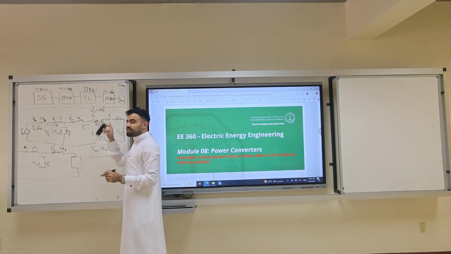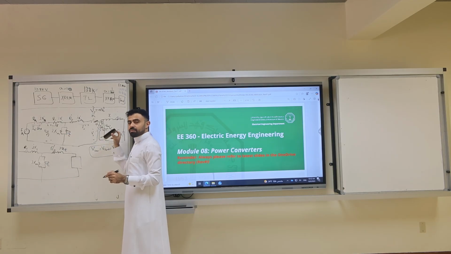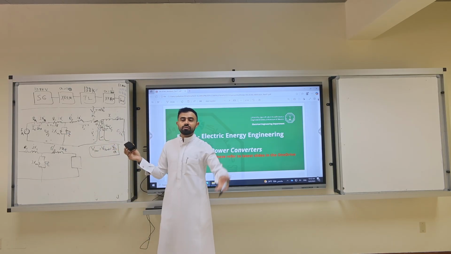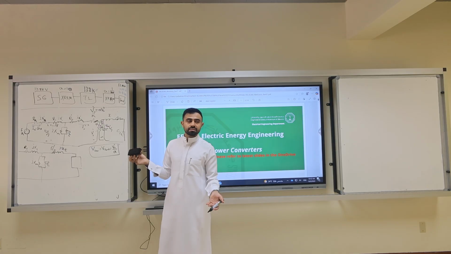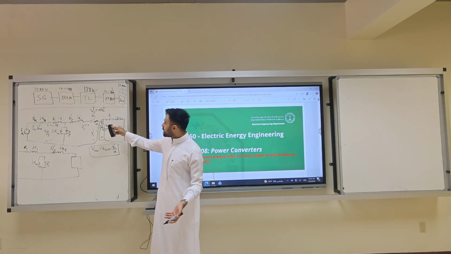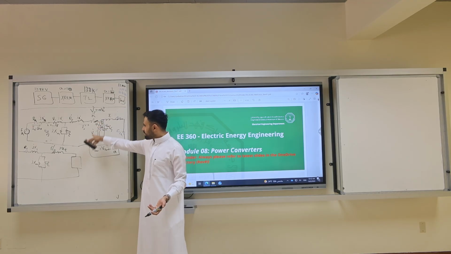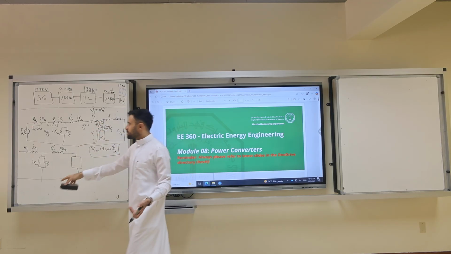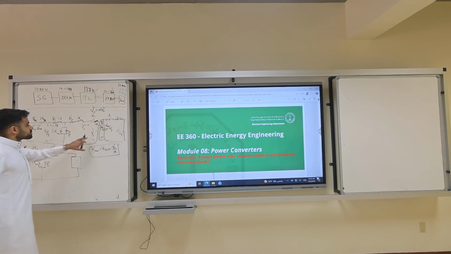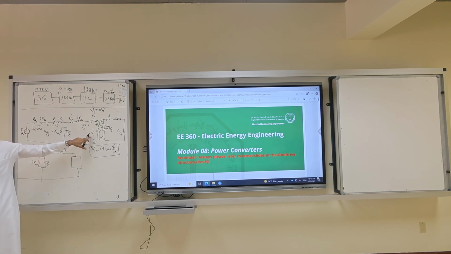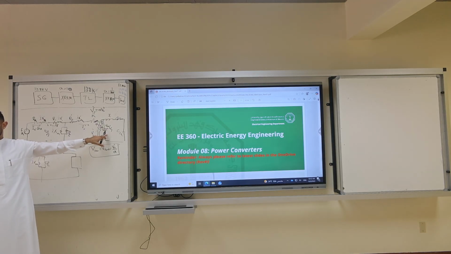VS, not VS prime, don't put VS prime as the input because VS prime is in the order of 130s. But the input of the transmission line has to be the input of this transformer. VS prime is maybe 13.8 or 14. The input here has to be 138 or something.